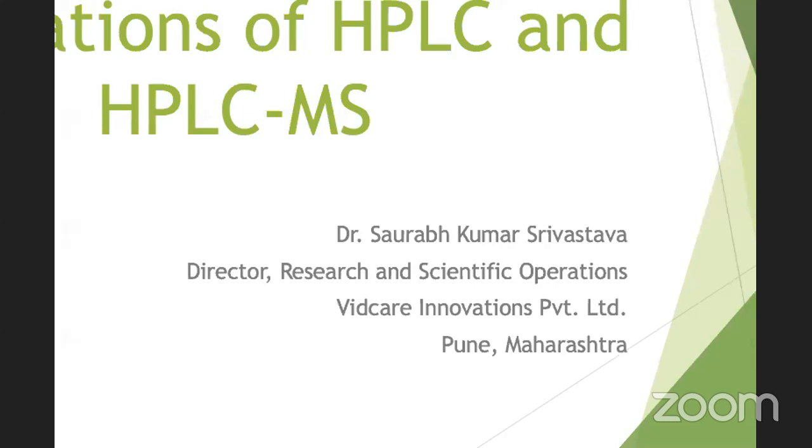There he separated three components. The first component was xanthophyll, which was yellow in color, then carotenoid, which was orange in color, and chlorophyll, which was green in color. So this is how it all started. Now if we talk about the definition of chromatography, chromatography is a purification and analytical technique that is used for separation of components dissolved in a mixture.